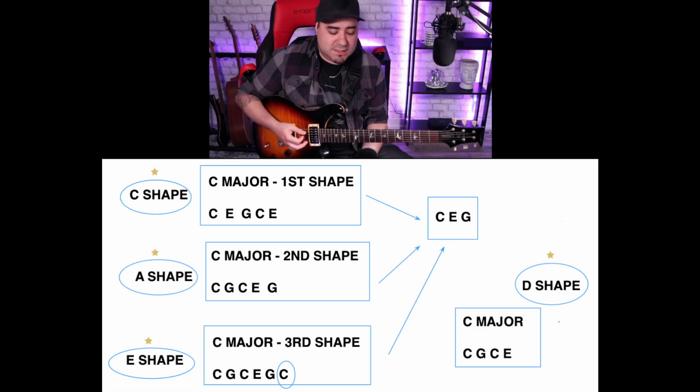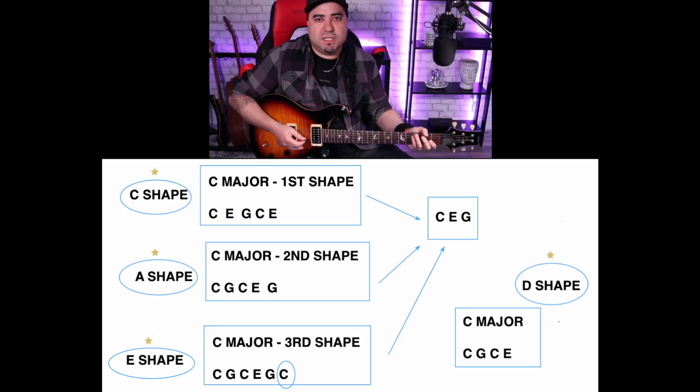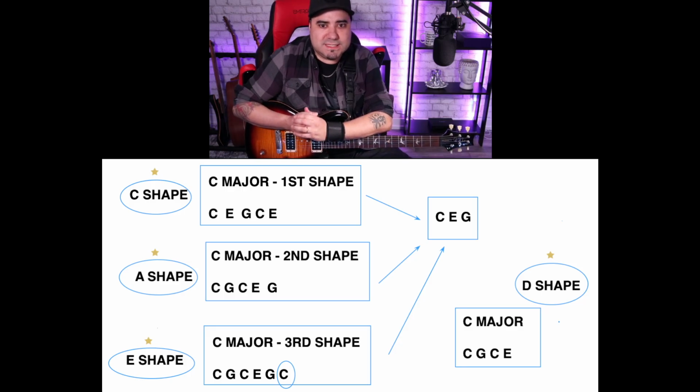Almost impossible to see the difference between these 2 chords if you are strumming, of course. So that's the G shape. So we did C major chord in 5 shapes using the CAGED system.